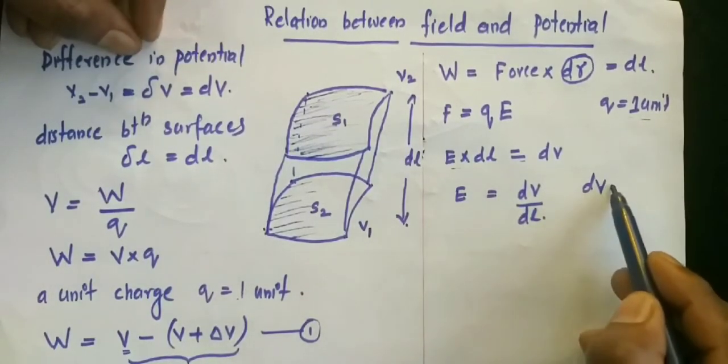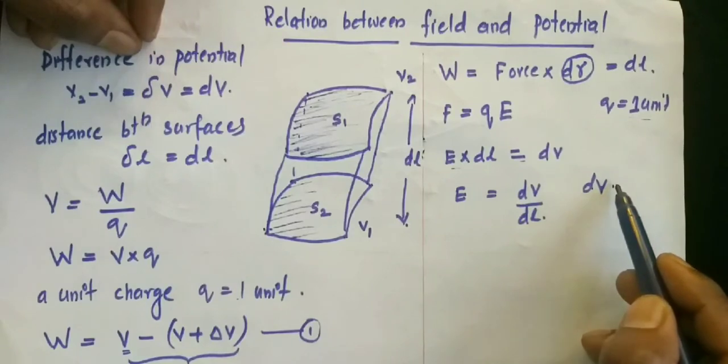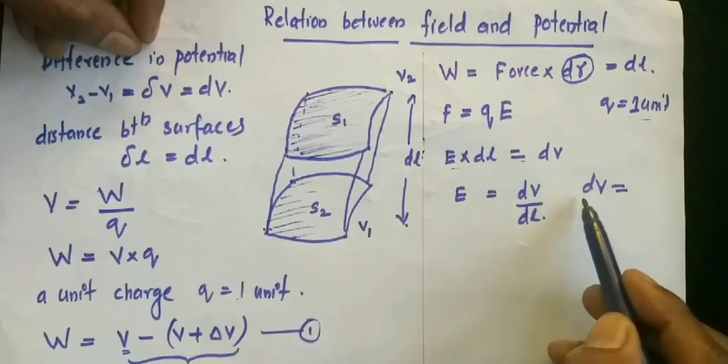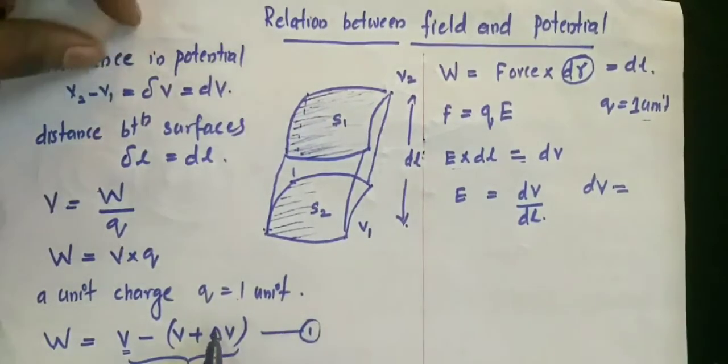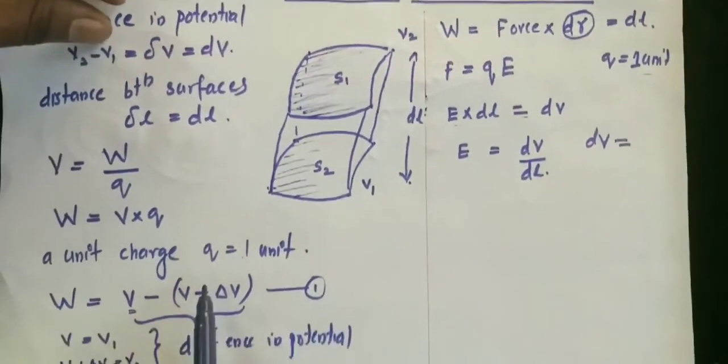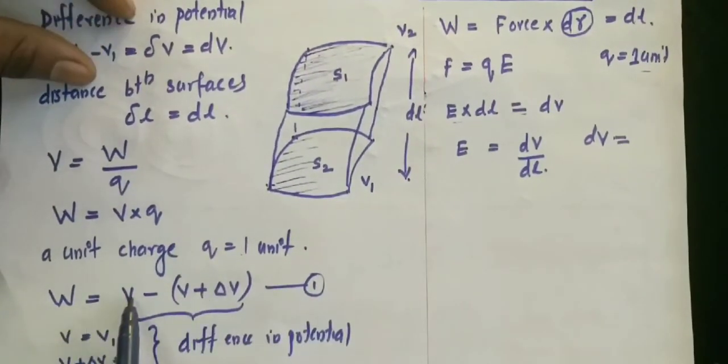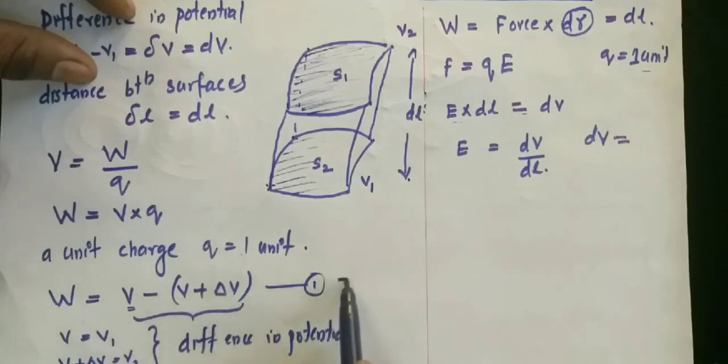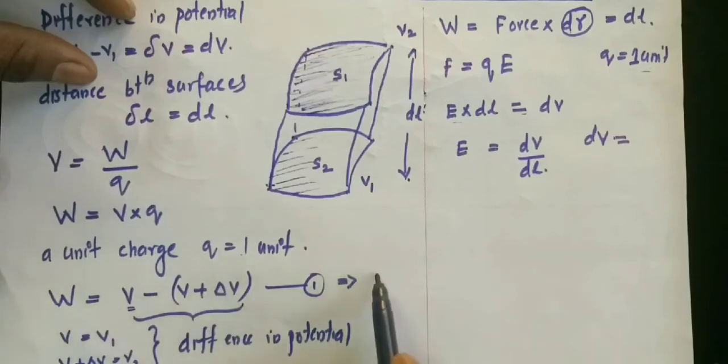Now dV, I am writing the magnitude as dV itself, but if I write its polarity as a minus, then how can I take minus? Just see equation number 1, W is equal to V minus (V plus delta V). Suppose I cancel V and plus V and minus V, then W will definitely be minus delta V. Okay.